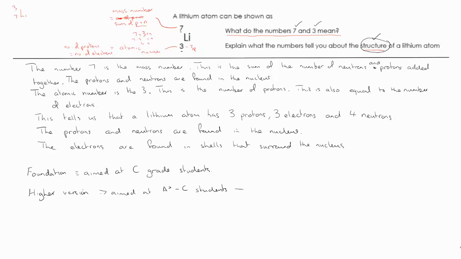And that's on the other video. So there's another video for the higher version. And it's basically the same question, except both questions ask you to explain what the numbers tell you about the structure of the atom. But instead of asking you what the numbers 7 and 3 mean, it wants you to go into more detail about the electronic structure, which if you've only just finished doing C1.2, we've not done yet.